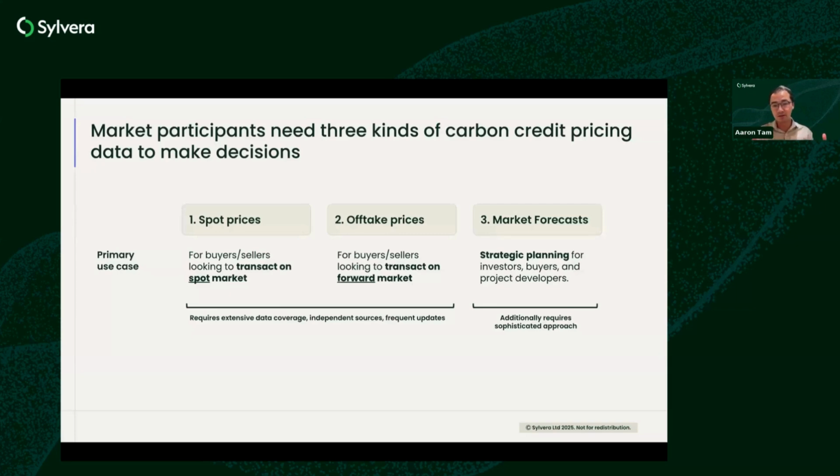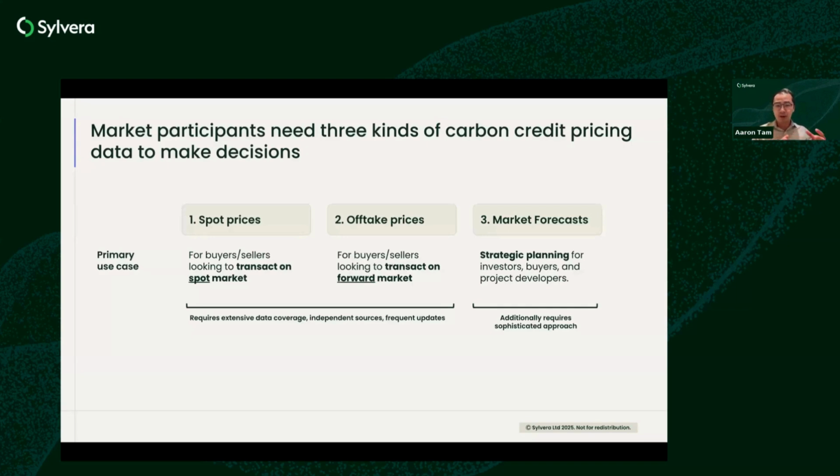In fact, Sylvera also needs strategic planning because we operate within carbon credit markets, and we need to have a view on how future demand, supply, and prices could evolve. So there are a lot more questions to be unpacked, and they could only be answered by market forecasts.